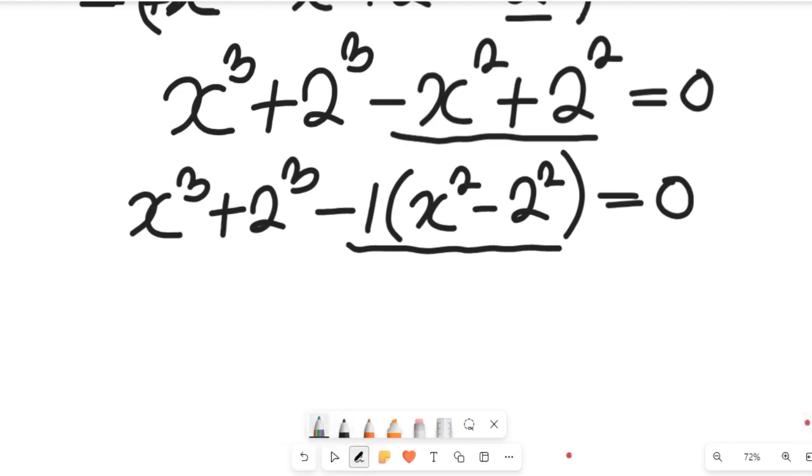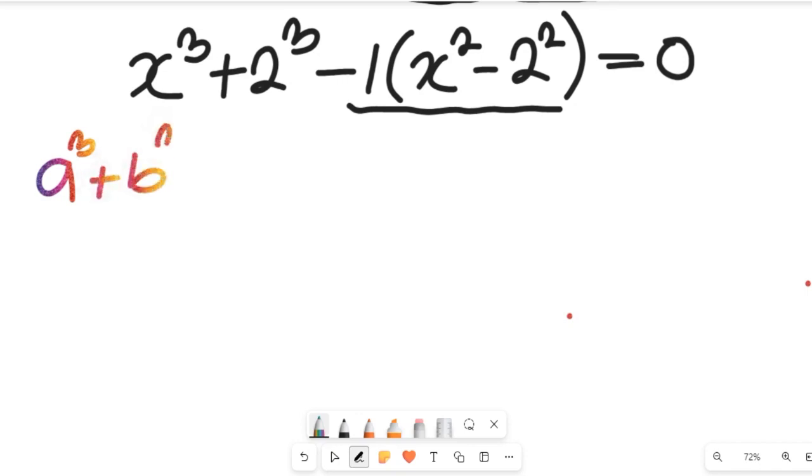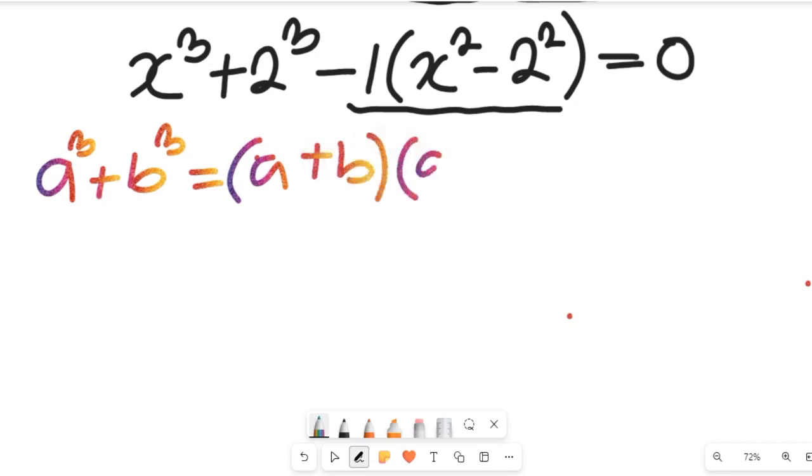We have to recall an algebraic formula such that from that formula, we can find that if we have a to the power of 3 plus b to the power of 3, this will be equal to a plus b multiplied by a squared minus ab plus b squared.